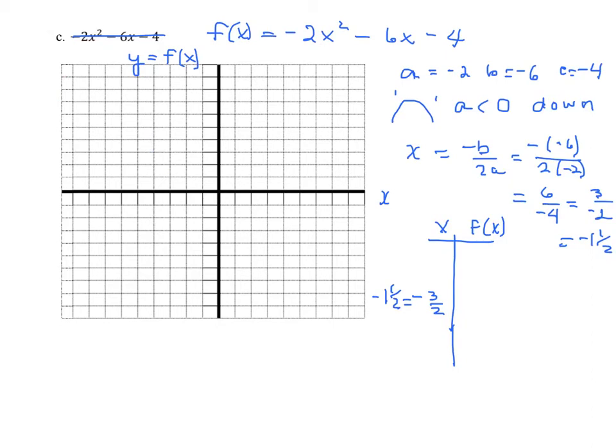I can go to negative 1 here, negative 2, 0, and negative 3. And now we've set up a symmetric x value table, so it'll still be beautiful. Now all we have to do is plug in and get the function values.